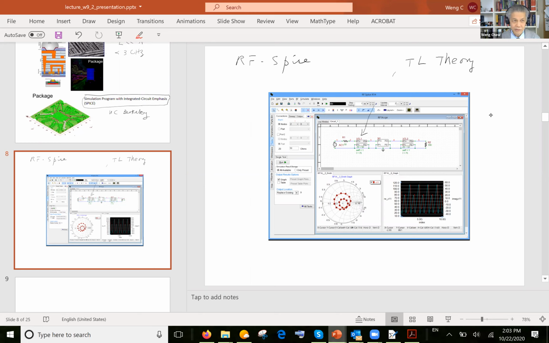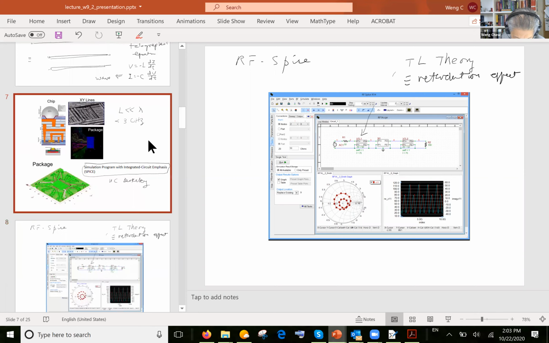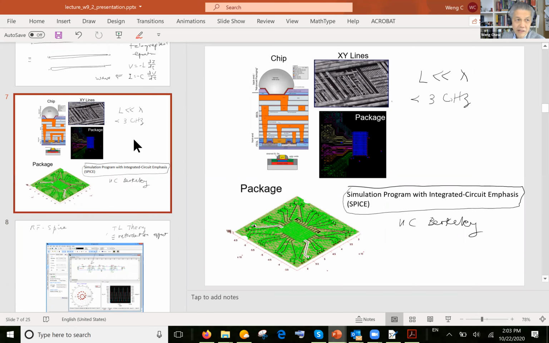Transmission line theory is important because of modeling the retardation effect. Retardation effect is very important because circuit theory alone says that everything happens instantaneously. If you think about Laplace's equation, you can think of it as a special case of the Helmholtz equation, which we have learned about.